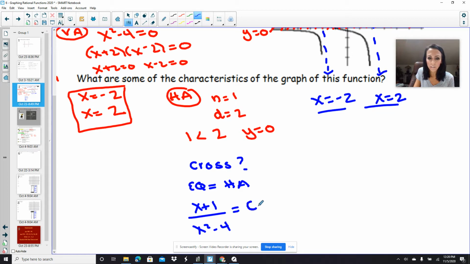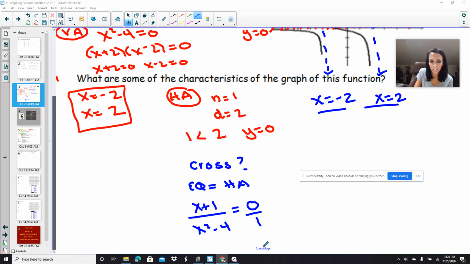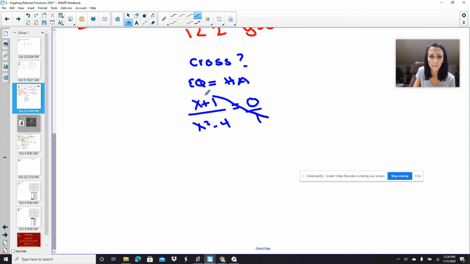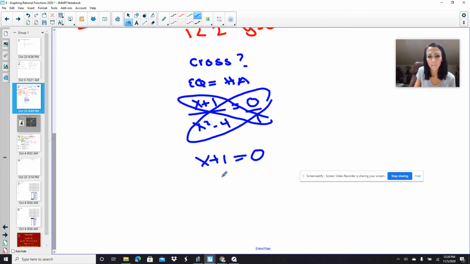Let's set that equal to 0. We can put this as 0 over 1 and solve. So let's cross multiply. We get x plus 1 equals 0. Subtract 1, x equals -1.